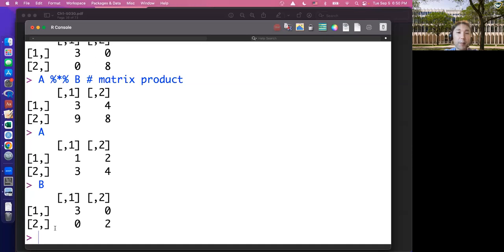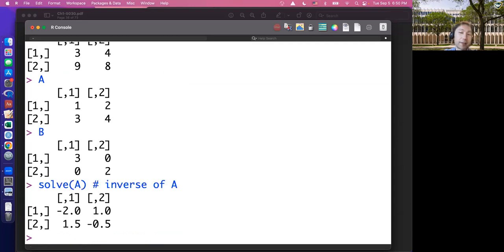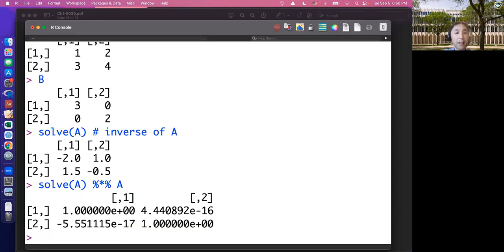And how about the inverse matrix? That is solve of A. This is also somewhat complicated, but if you multiply this matrix with A, that becomes basically the identity matrix. You can see this is 4.44 times 10 to the power negative 16, which is almost 0.